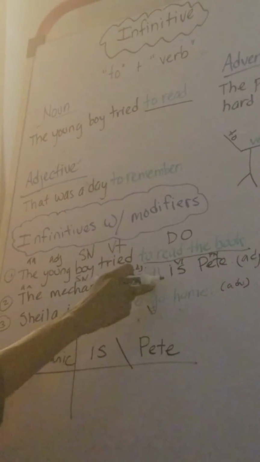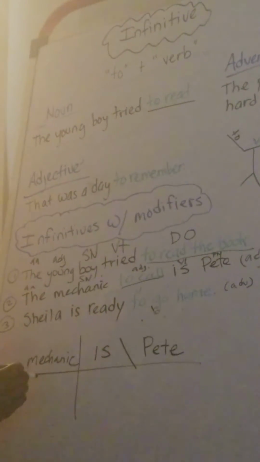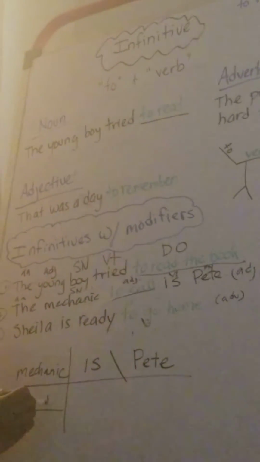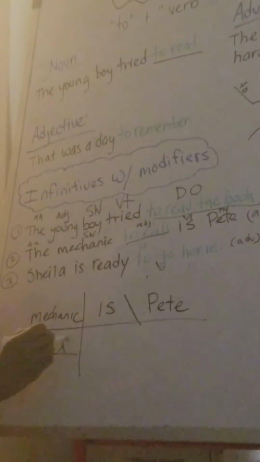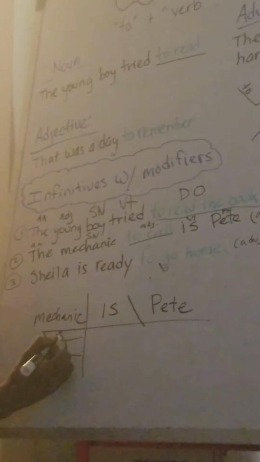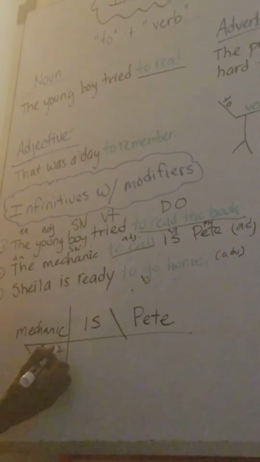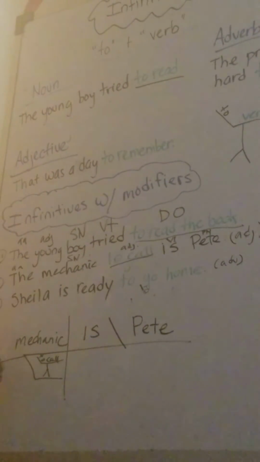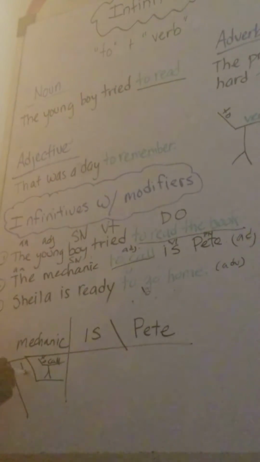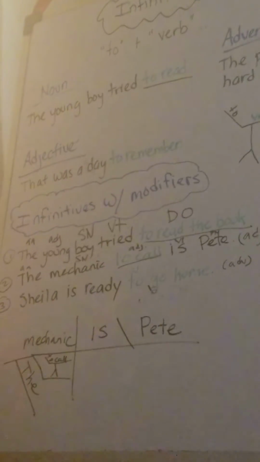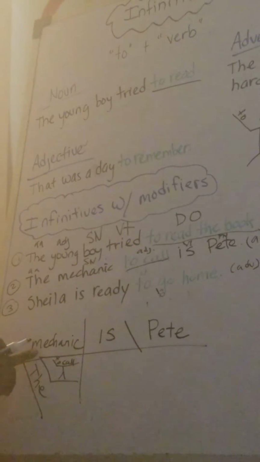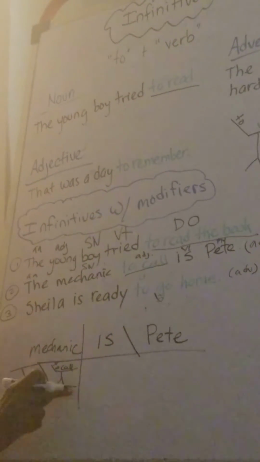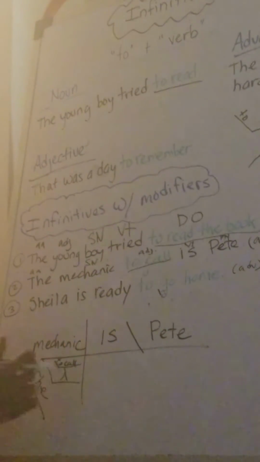And then to call modifies our subject mechanic. So we have our line here, and then we make our little stick man right here. So it's to call. And then we have our adjective article, the. So it will be diagrammed as a modifier just like normal. It has its own line on its horizontal line.